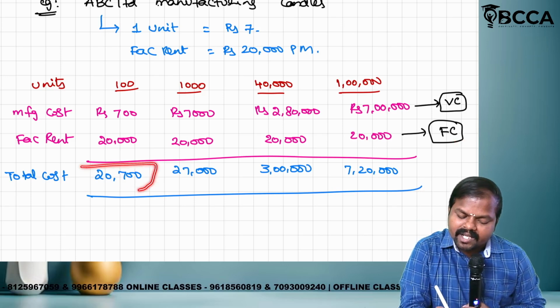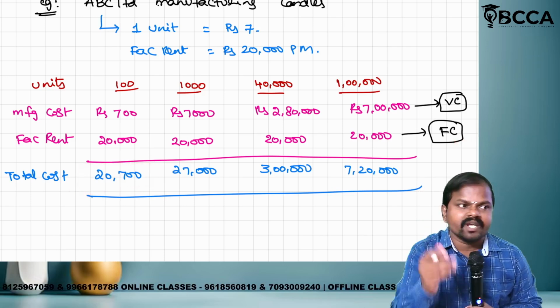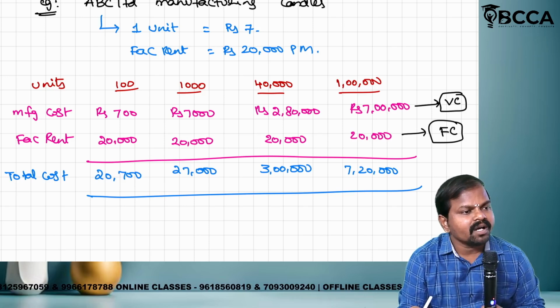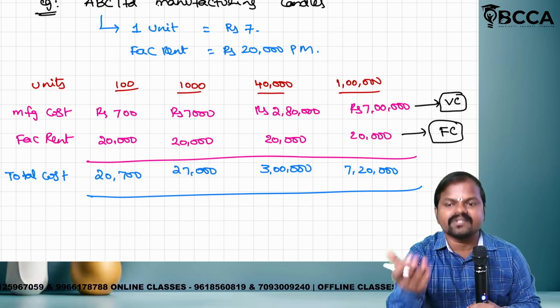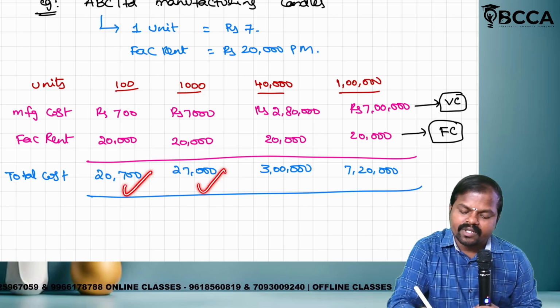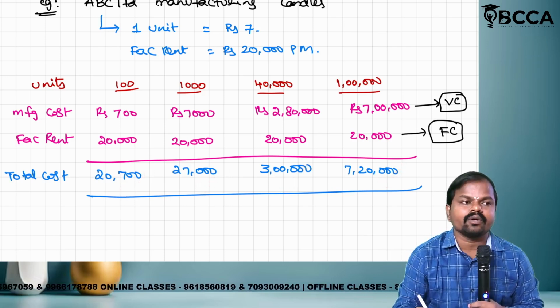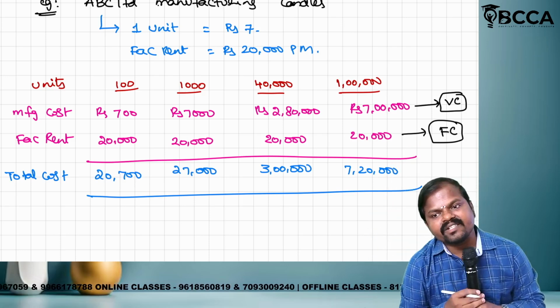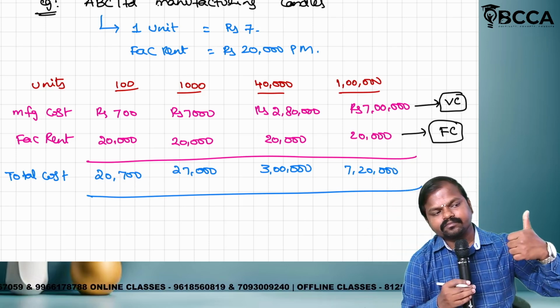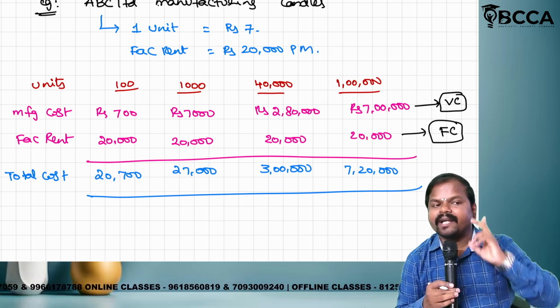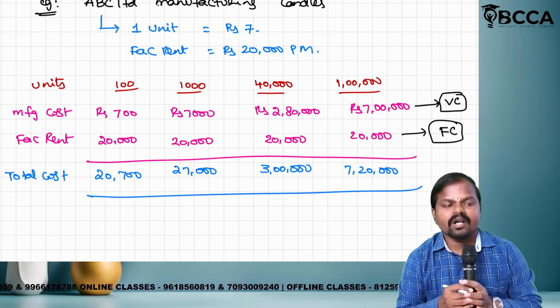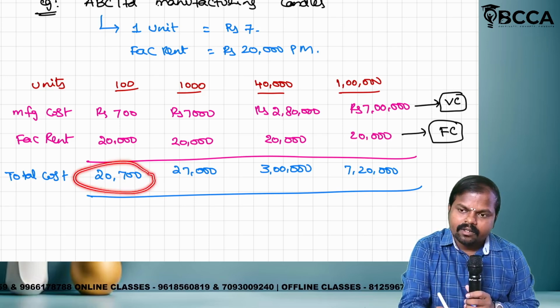Now they are asking 20,700. Please check whether it is variable cost, semi-variable cost or fixed cost. They are asking 20,700, 27,000, 3 lakh, 7 lakh, 20,000. What is the fixed cost definition? Condition number 1: cost in totality constant. What is the total? 20,700.